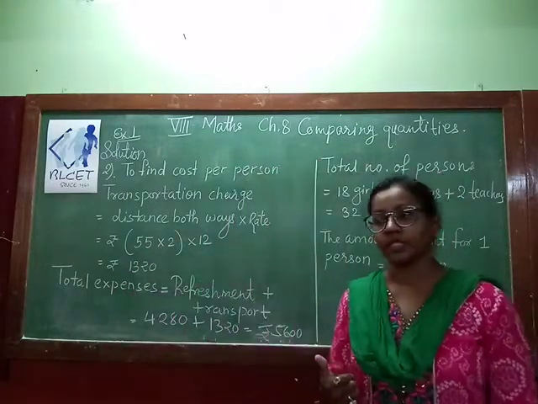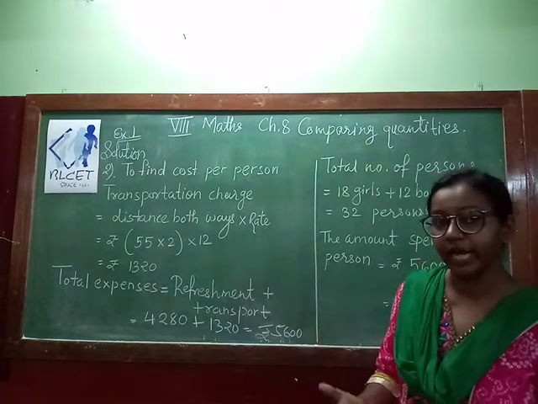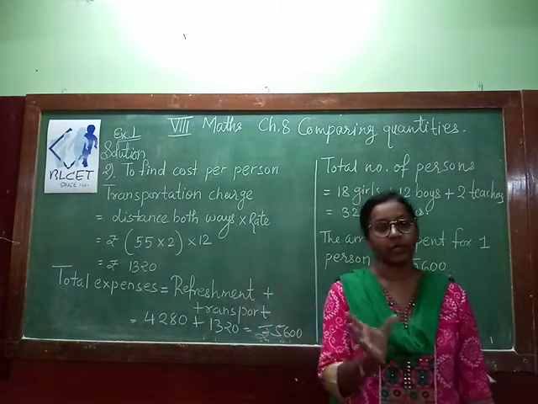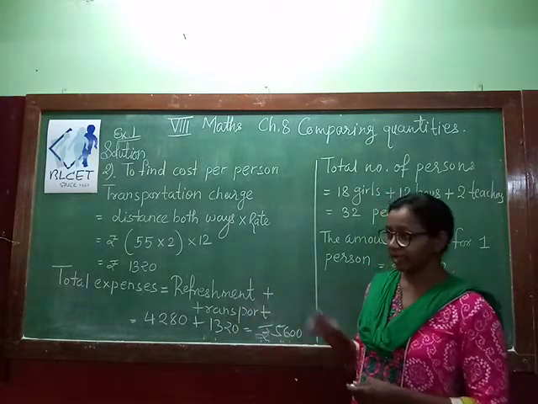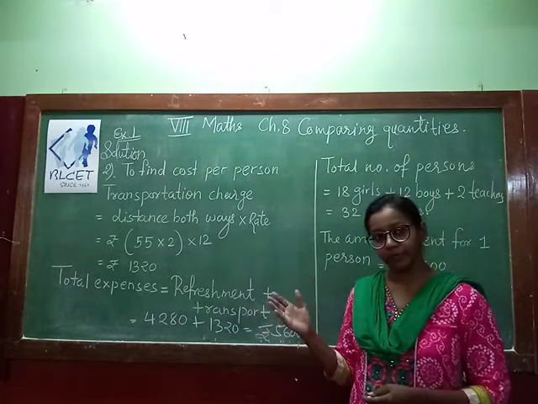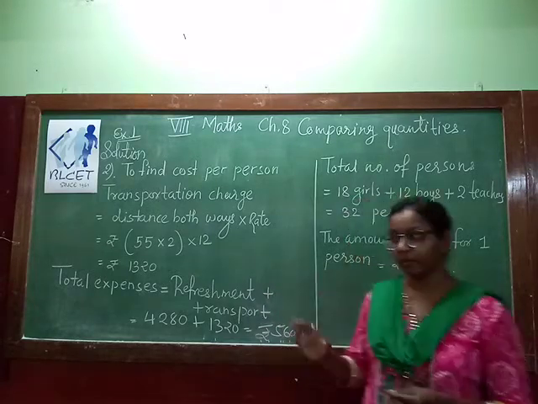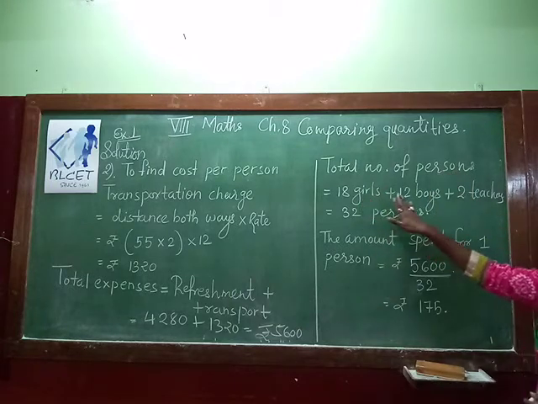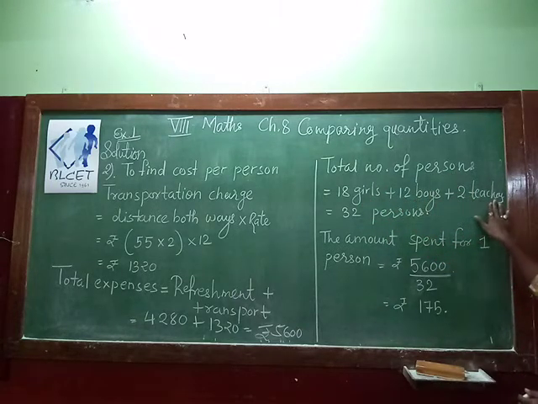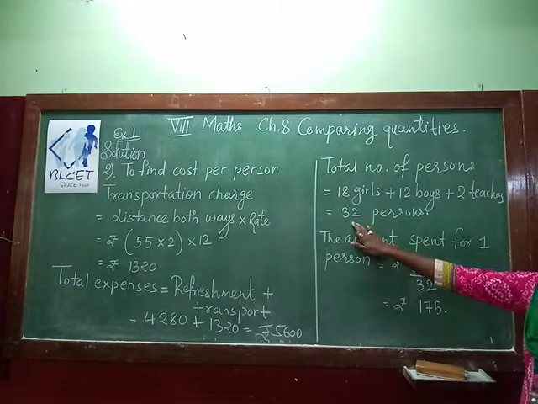Now what is the question? We have to find the expense for one person. So how will you find it? For that we have to count the total number of persons going for the picnic, and it is mentioned that 2 teachers are also going with the students. So the total number of persons is 18 girls plus 12 boys plus 2 teachers. This gives the total persons as 32.